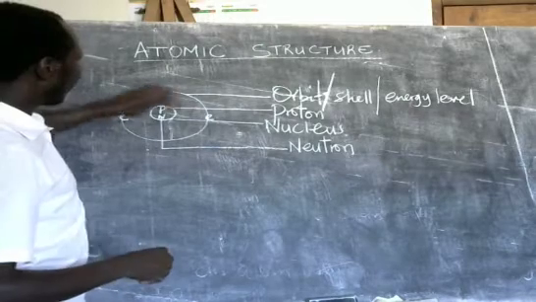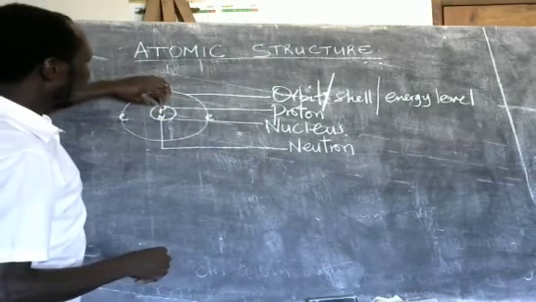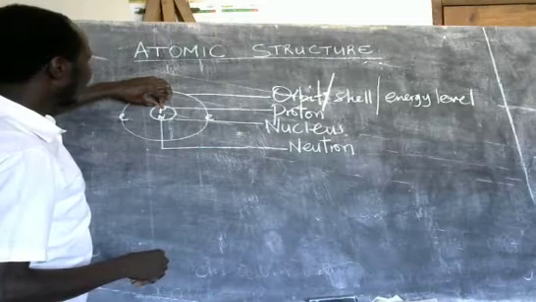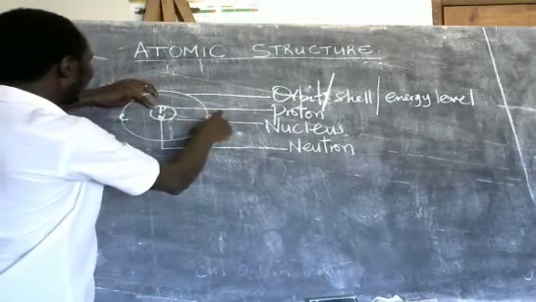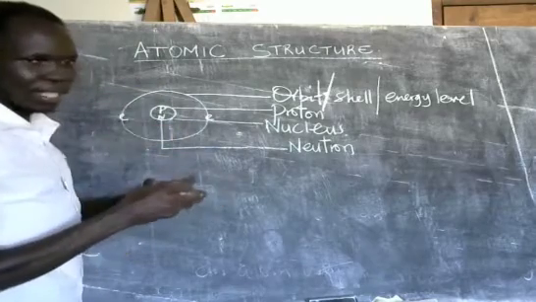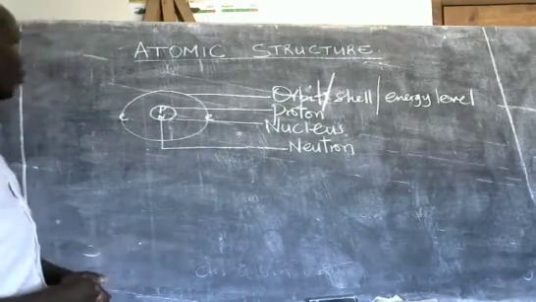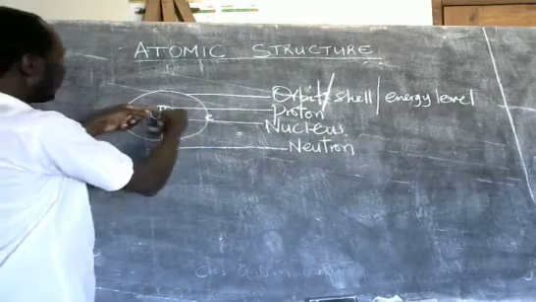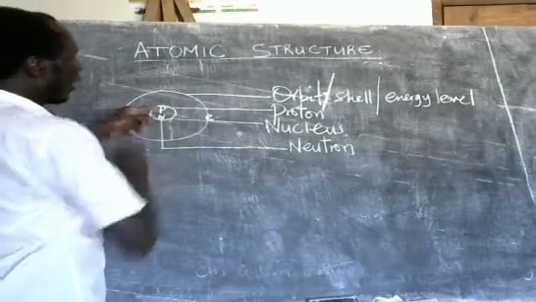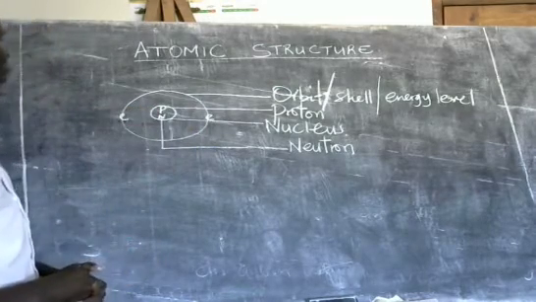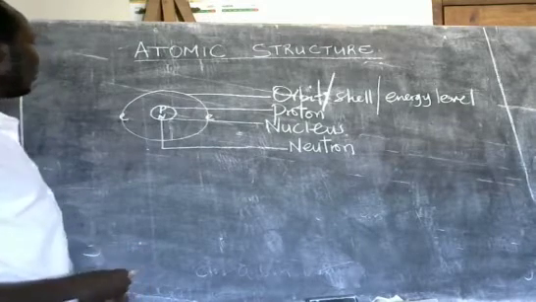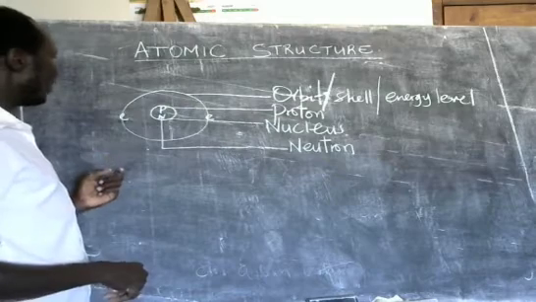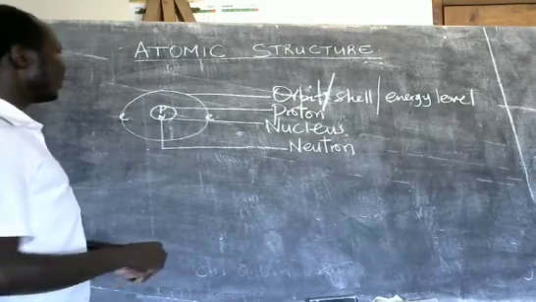Now, electrons are negatively charged and protons are positively charged. Because this is negative and this one is positive, there is always a force of attraction existing between the proton and the electron, and that force is called the electrostatic force of attraction, which comes as a result of the proton being positively charged and the electron being negatively charged.